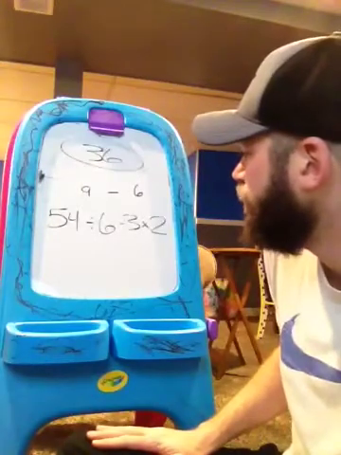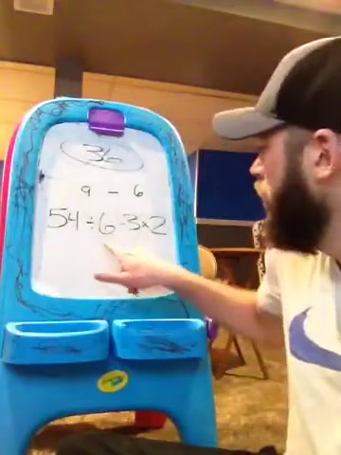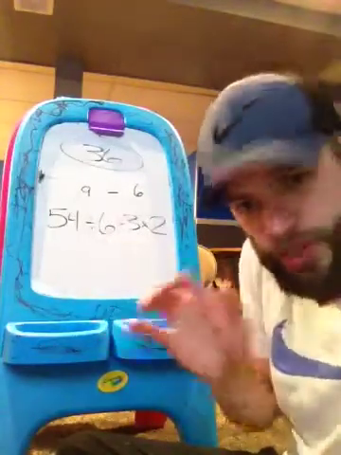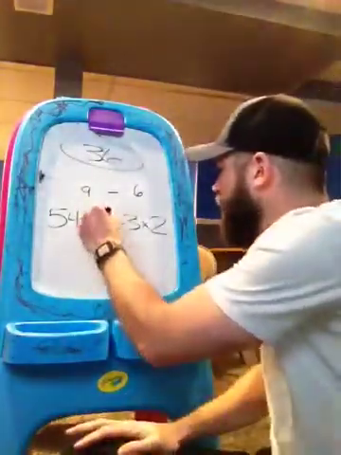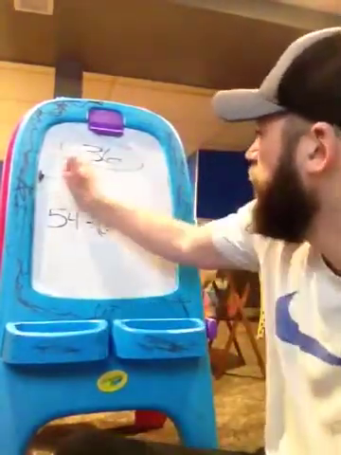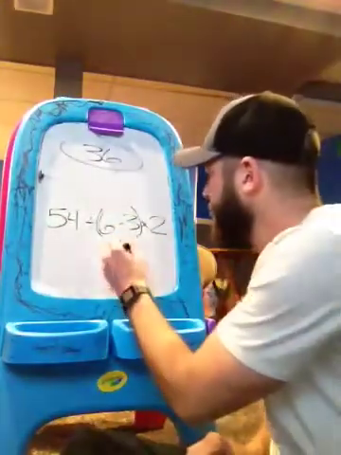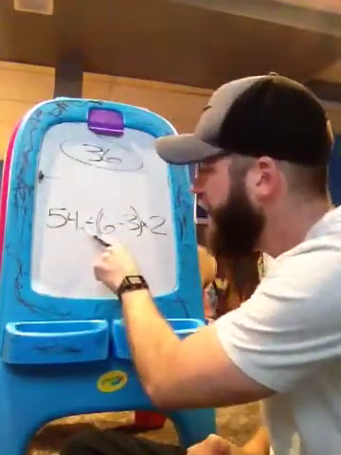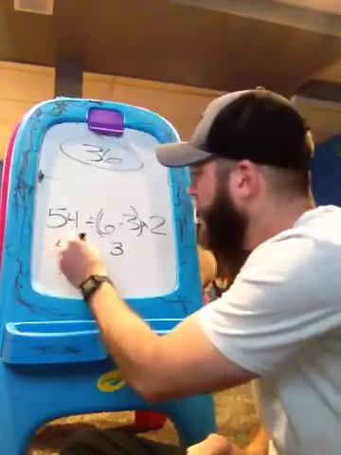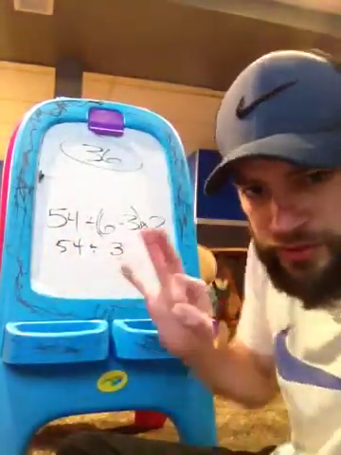Well, what if we made them do this first? Now we're going to try it and see if that helps. If you put parentheses there, they'd have to go 6 minus 3 first. Now you're not dividing by a big number of 6. You're dividing by a smaller number of 3, which will make that answer larger.